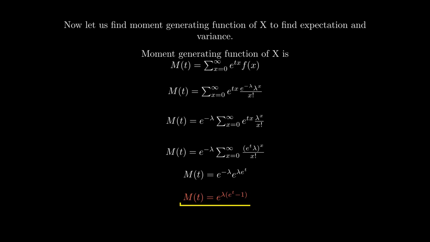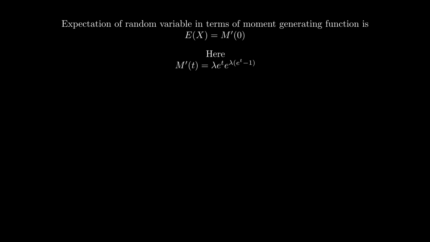So using this moment generating function, we can obtain expectation and variance. Basically, expectation is the first moment. So how will you get the first moment? You will differentiate the moment generating function and put t equal to 0.